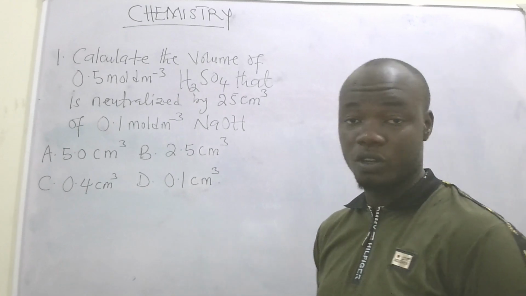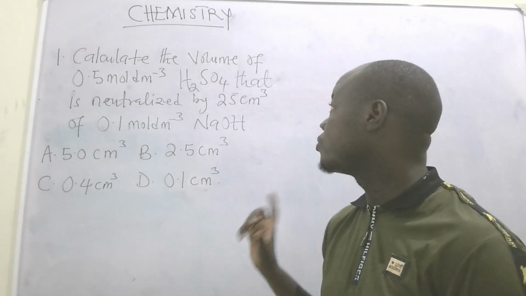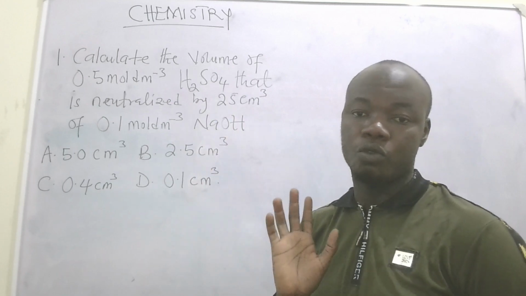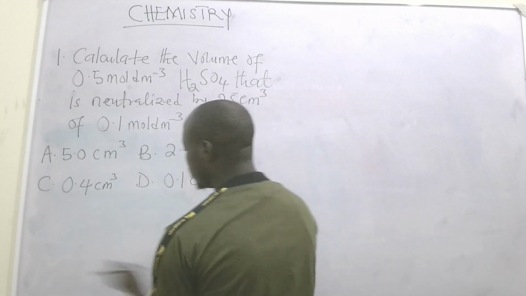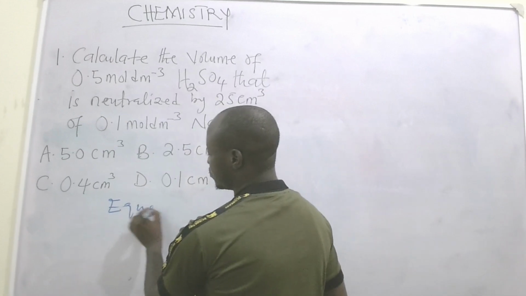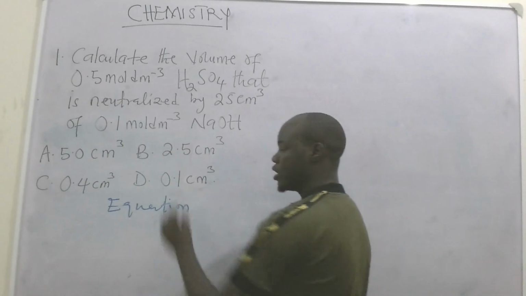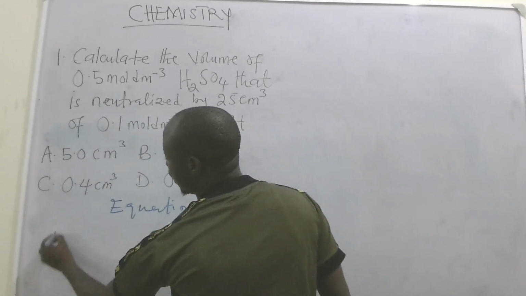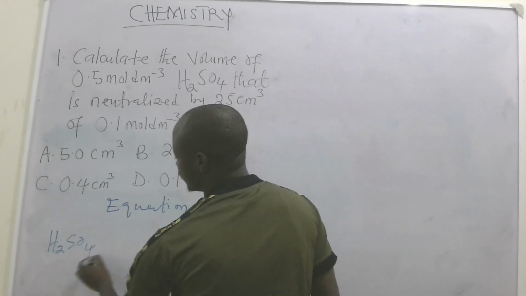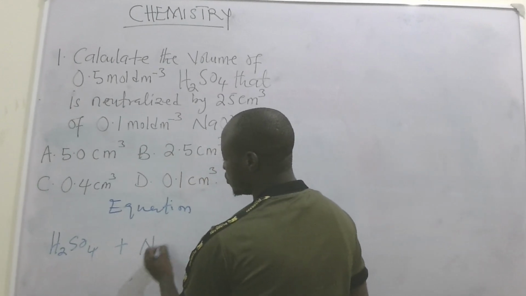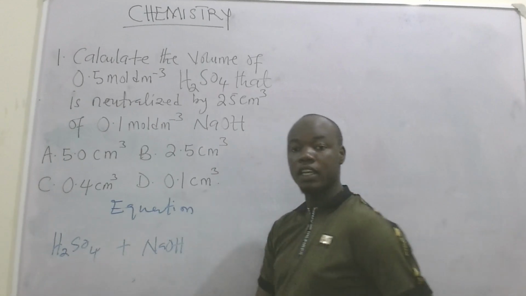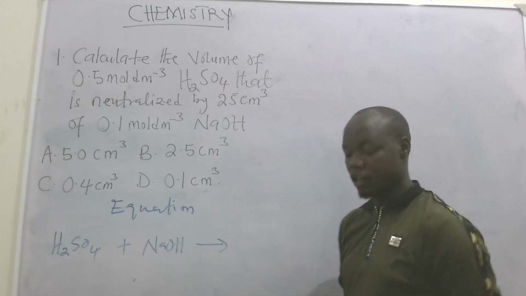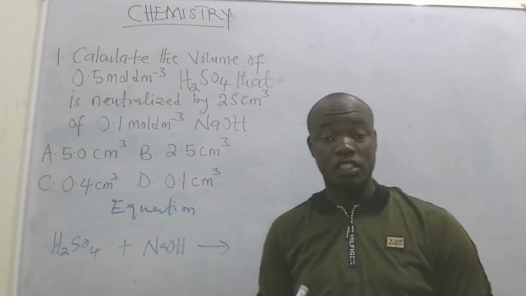To do that, we are going to apply a formula. But before we use the formula, first we need to write the equation of the reaction. It's very, very important. In the equation, H2SO4 reacts with sodium hydroxide to generate salt and water.